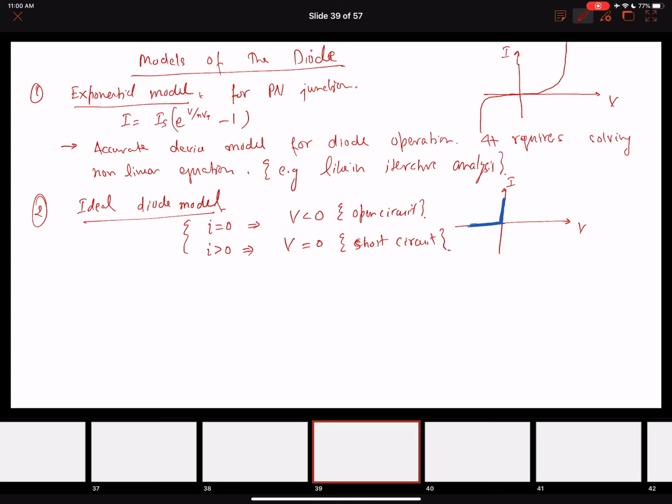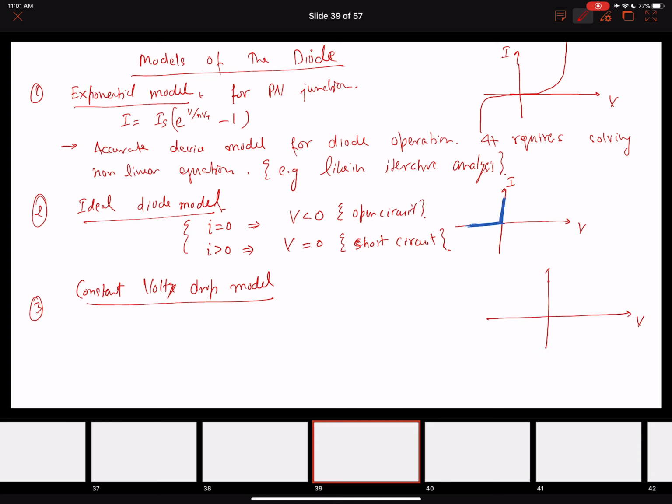Now I'm going to introduce a third type of model, which we normally use as well, and it is called a constant voltage drop model. The constant voltage drop model, so essentially what we do is, if I can plot the IV characteristics of this model as well.